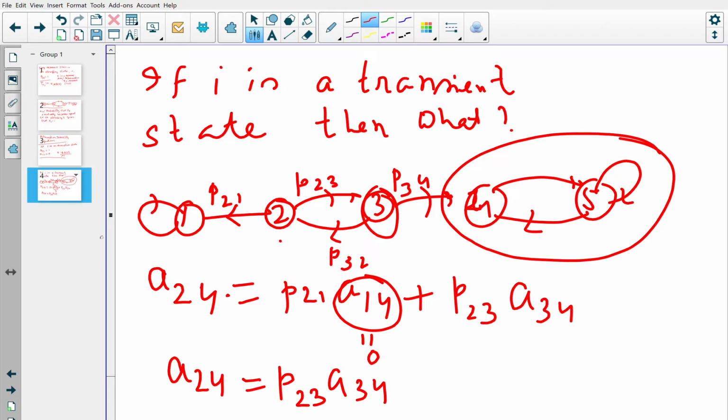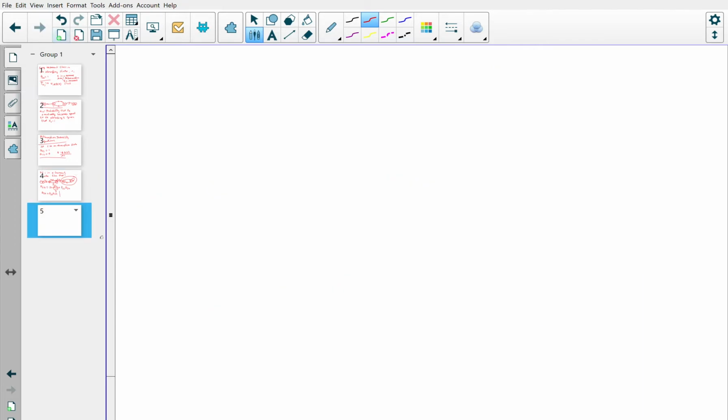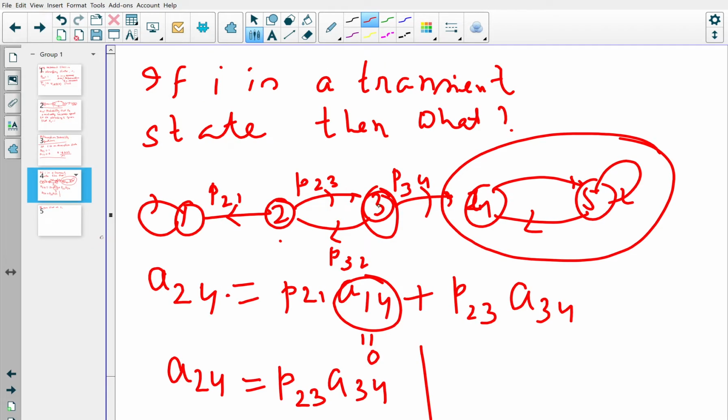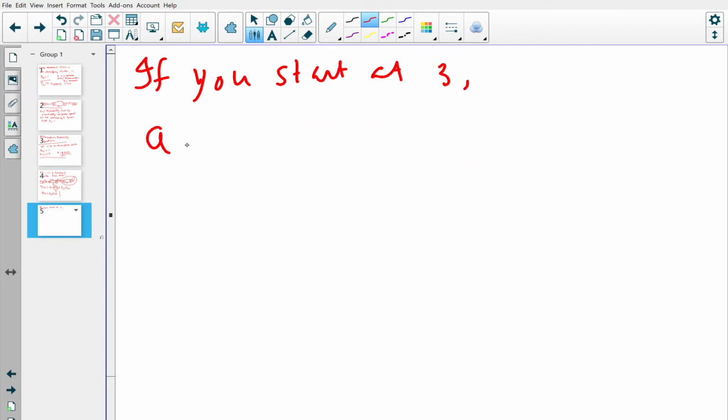And also you can ask what happens when you start at 3. If you start at 3, then you can either go to 2 or you can go to 4. So from 3, what is the absorption probability to 4?